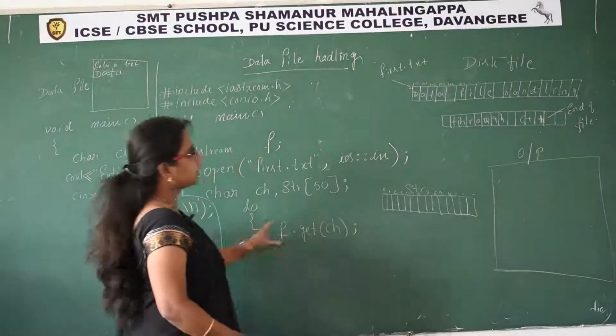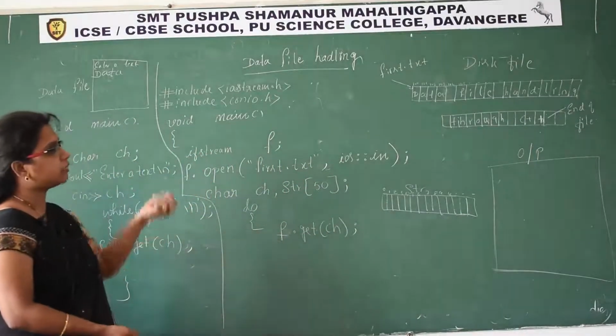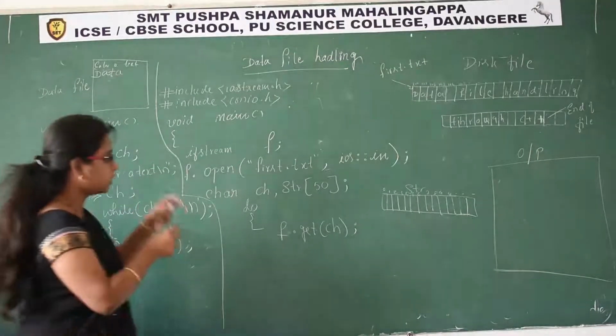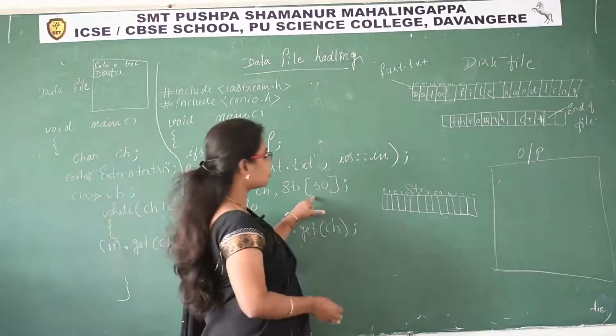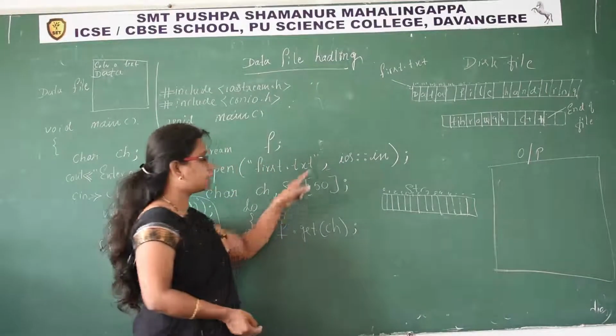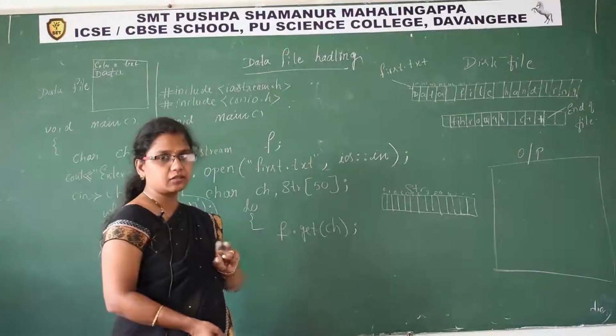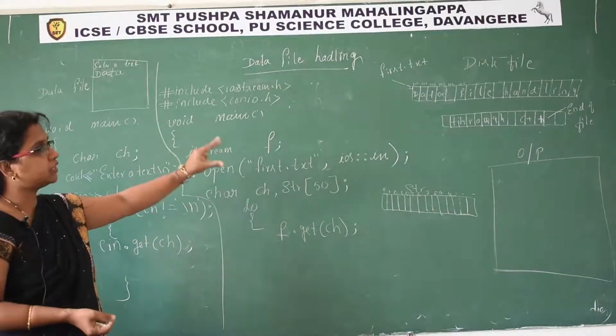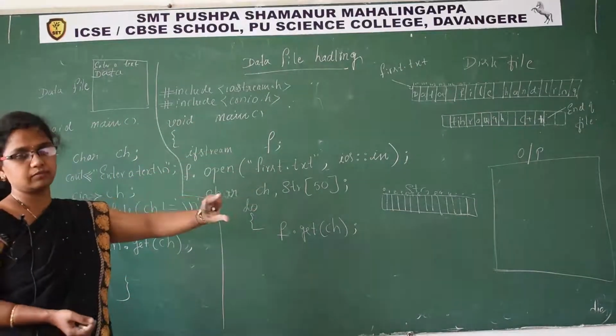So the procedure is like this. I am reading characters one by one from the disk file, and I am going to store those characters in this string. Finally, I am going to display that string on the screen. So indirectly, I am displaying the content of the disk file on the screen.